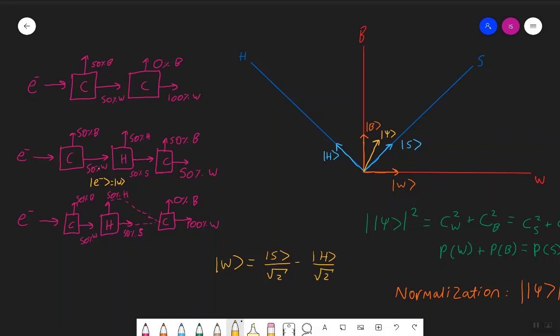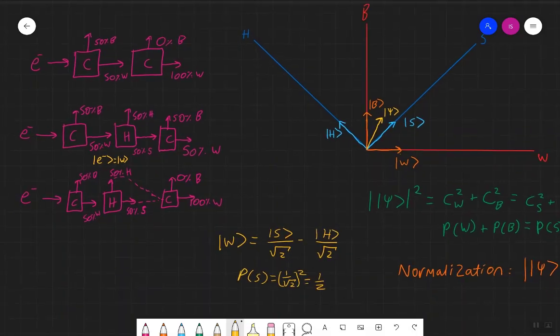So we measure the electron. The electron is in the state of definitely being white, and if it's in the state of being white, the probability of being soft is 1 over root 2 squared, which is 1/2.